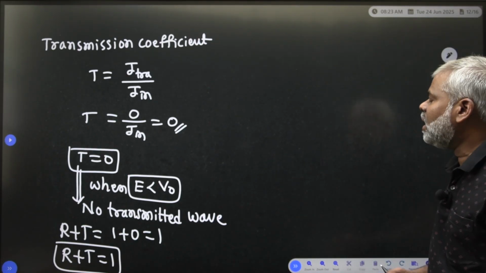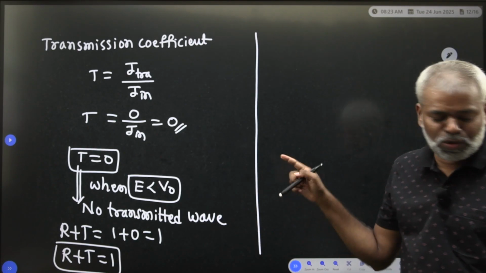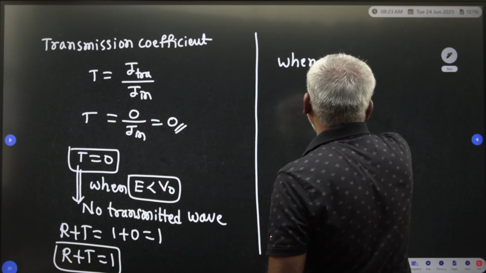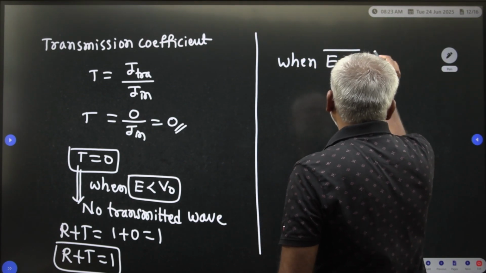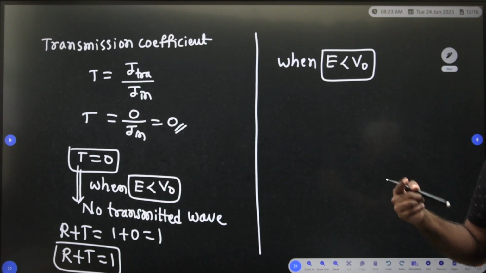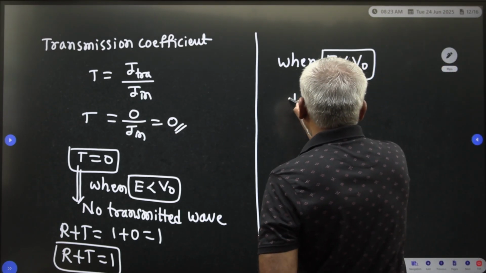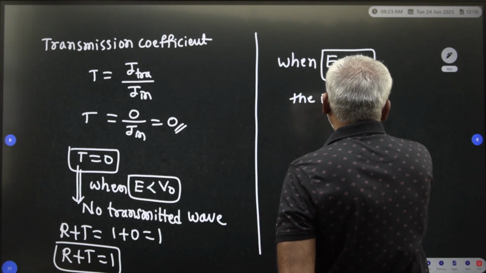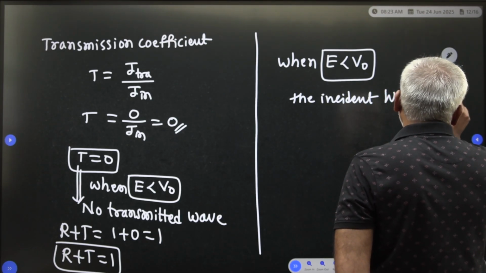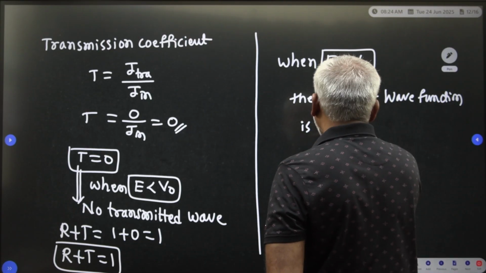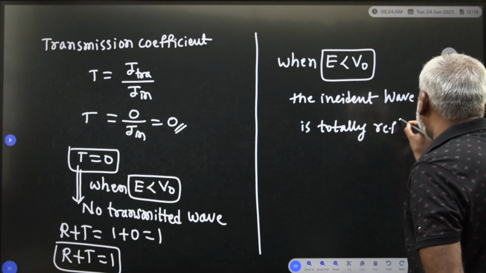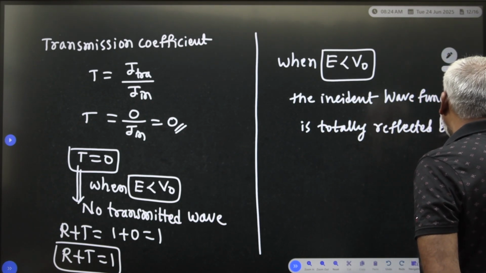So there is no transmitted beam. Theoretically, when E is less than V naught, the particle energy is less than the barrier energy, and the incident wave function is totally reflected back.